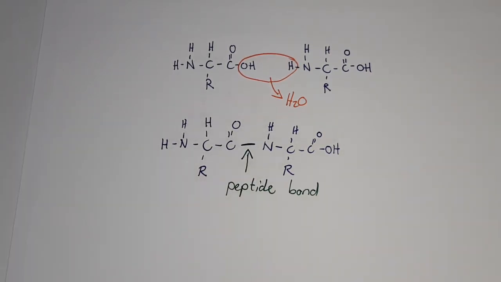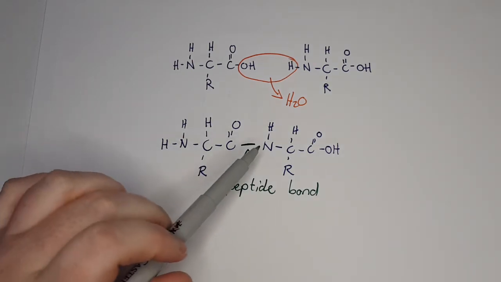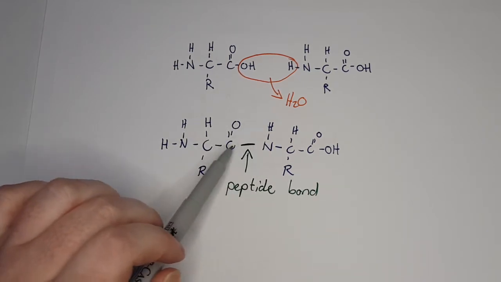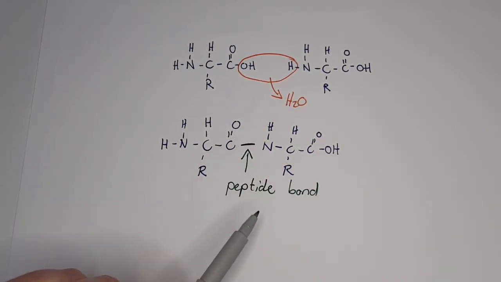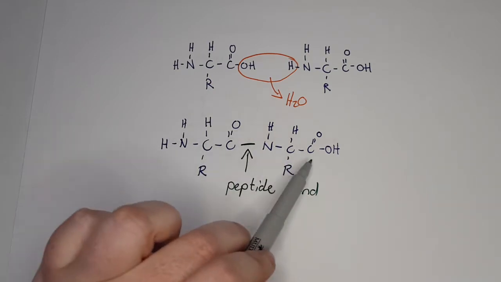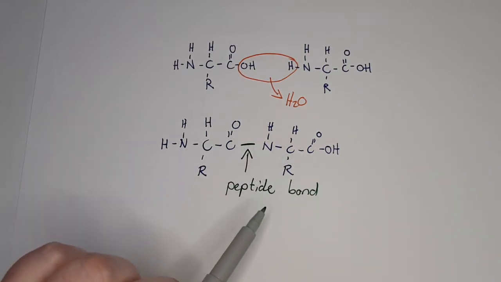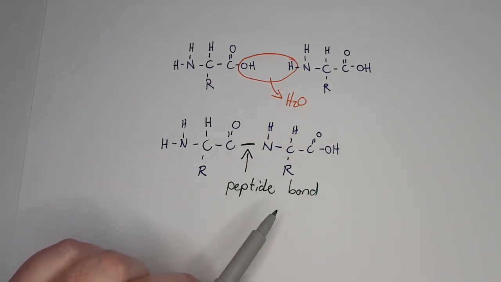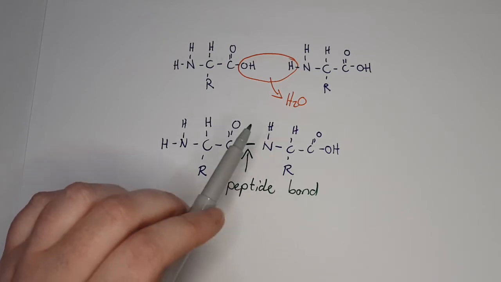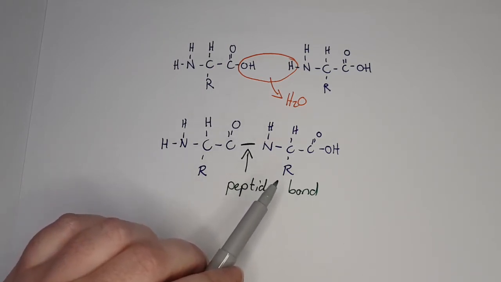The carbohydrates and the fats had the oxygen in the bonds to make the glycosidic and the ester bonds. But now for a protein, there's no oxygen in the bond, and we make a peptide bond. Two amino acids together we call a dipeptide. Many together make a polypeptide.